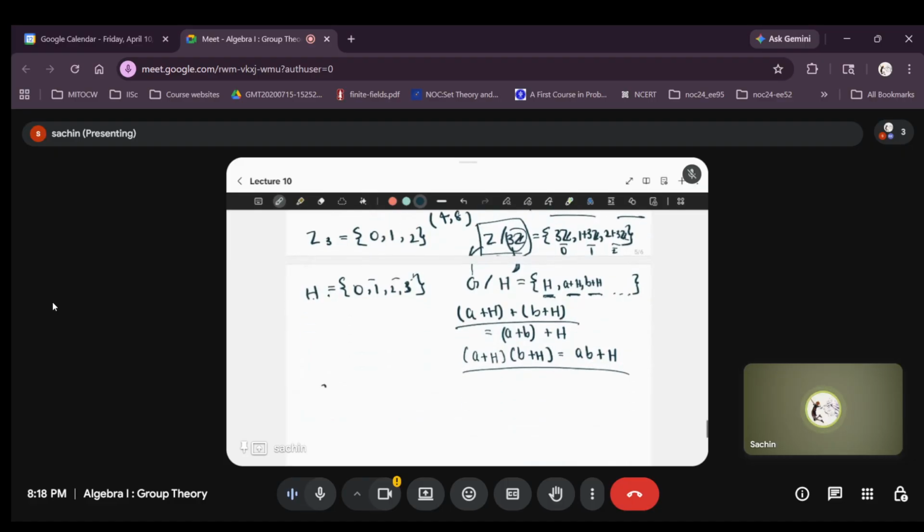Because what is 3Z? It's the set of all multiples of 3, so it is minus 6, minus 3, 0, 3, 6, etc. What is 3 plus 3Z? You add 3 to all the elements of 3Z. What is this? Yeah, this is minus 3, 0, 3, 6. It's the same thing, right?